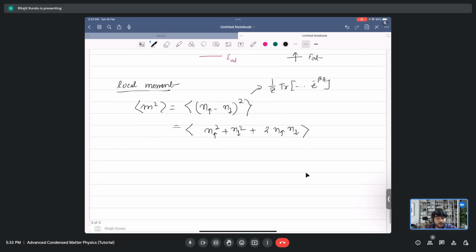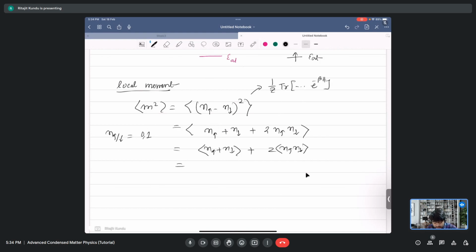Now for fermions, n up or n down is just 0 or 1, right? So squaring it or not doesn't make any difference, so we can remove the squares. So it is just n up plus n down minus 2 n up n down.